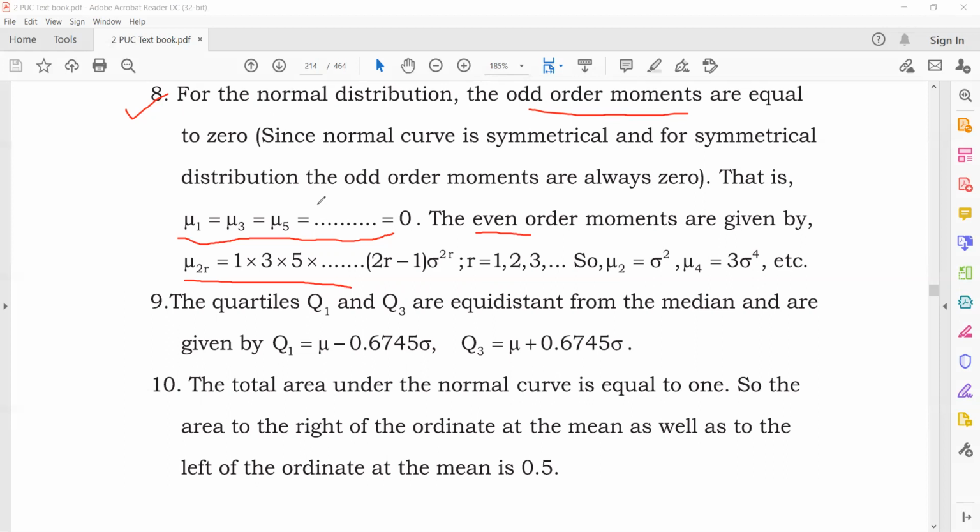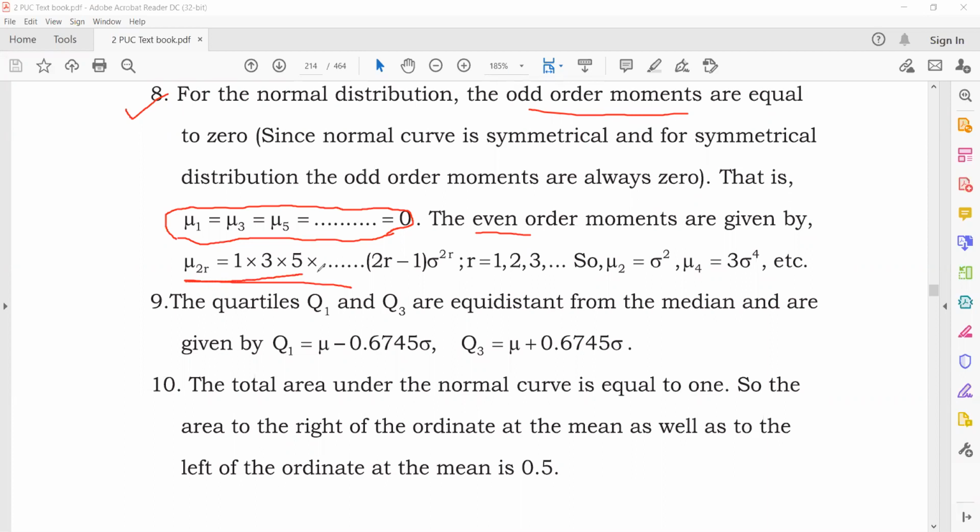Your x is symmetric. So when you produce x minus x bar whole cube, whole power 5, and observe its total, the total is always 0. That happens in case of the normal distribution or any symmetric distribution. Since the normal is symmetric, we say all odd ordered moments are 0. So when you produce mu1, mu3, mu5 for normal data, you will observe that to be 0.